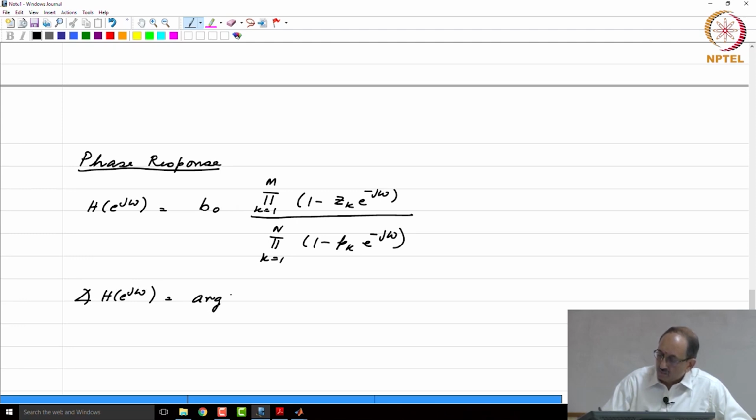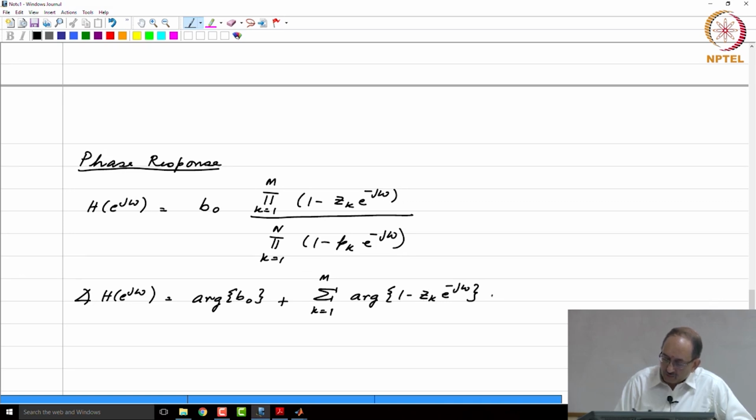and the notation ARG is used to denote the angle of a complex number, ARG being the short form for argument, and you have the sum over k going from 1 to M of arg(1 − z_k e^{−jω}) minus the sum over k going from 1 to N of arg(1 − p_k e^{−jω}).